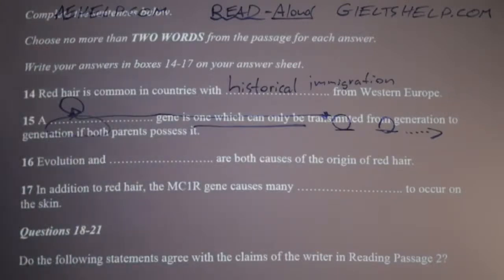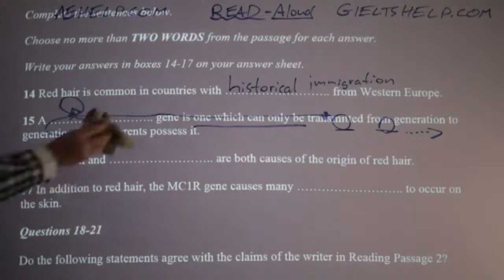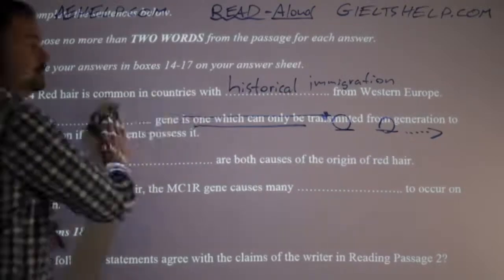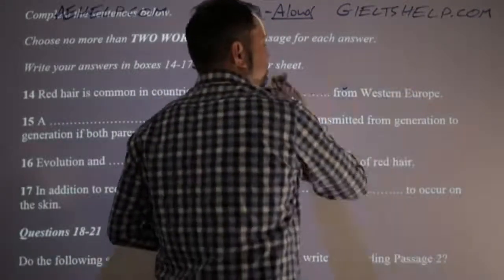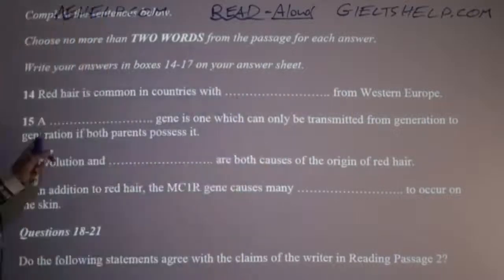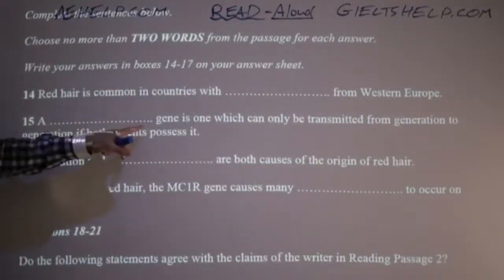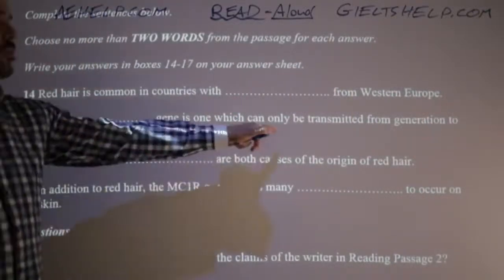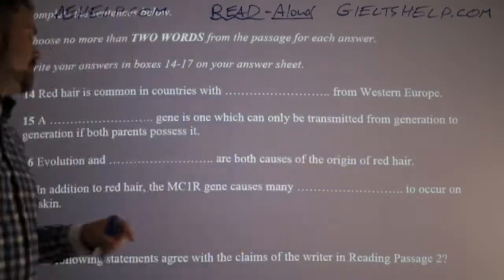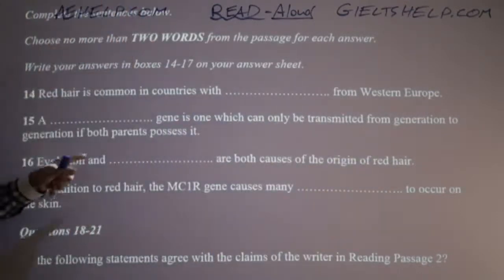All right. So next question. A something gene is one which can only be transmitted from generation to generation if both parents possess it.